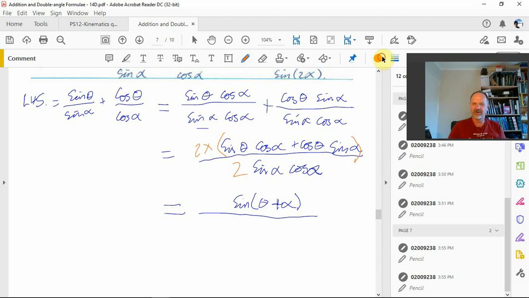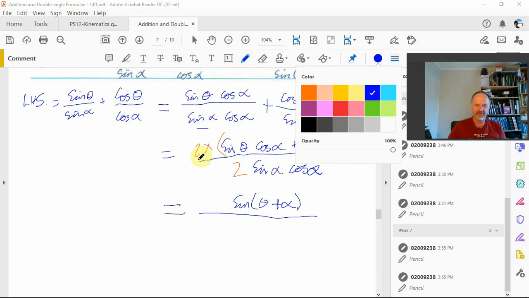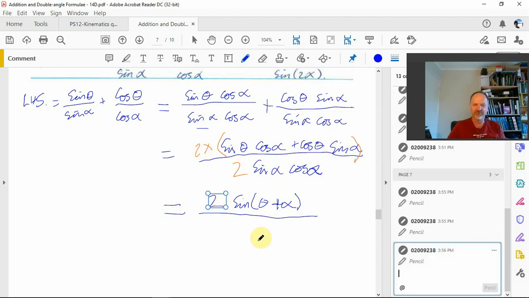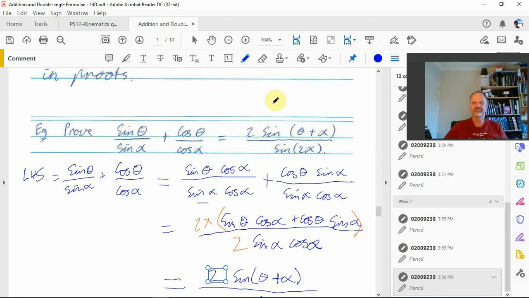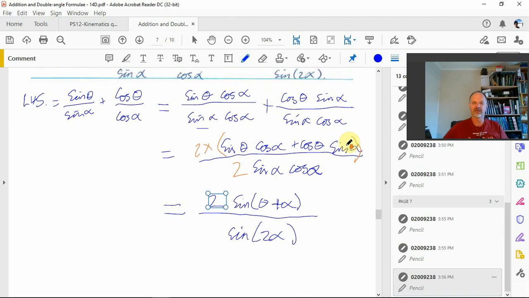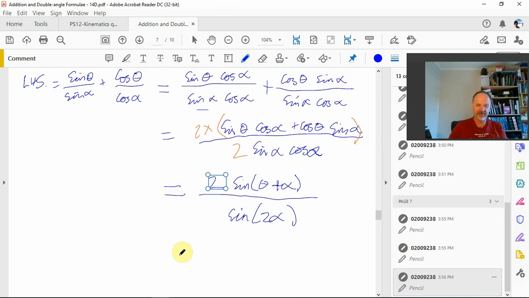And so now when I've multiplied the top by that, on the top I'm going to have this 2, and on the bottom I'm going to have sine 2 alpha. And when we look up here, there we go. We've got the right-hand side. QED.